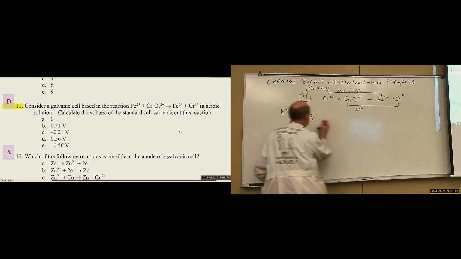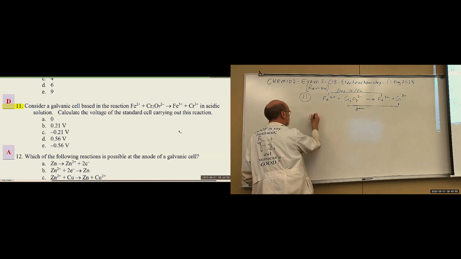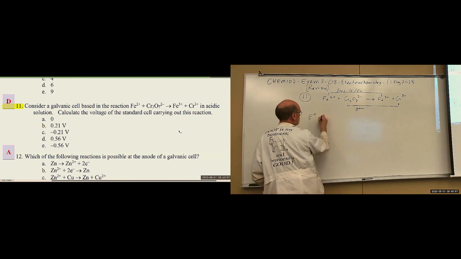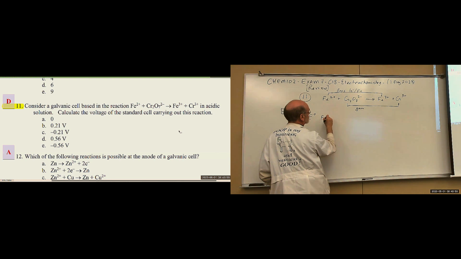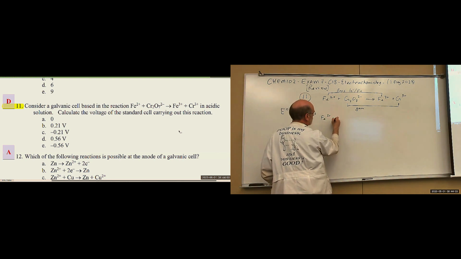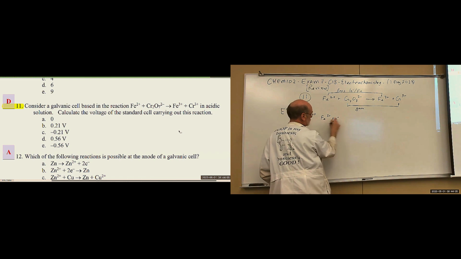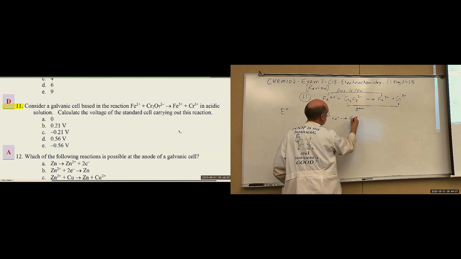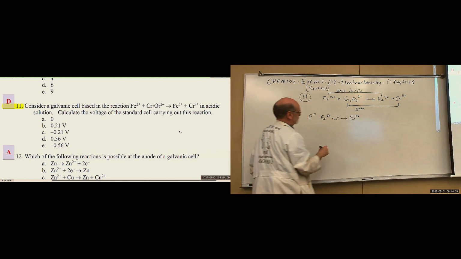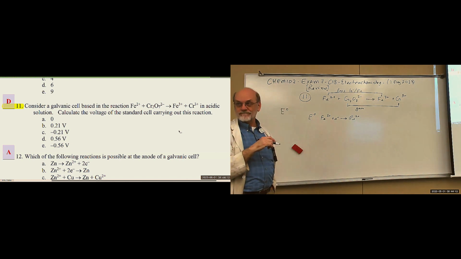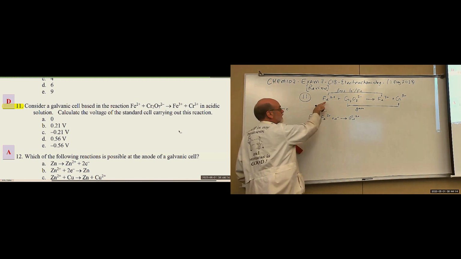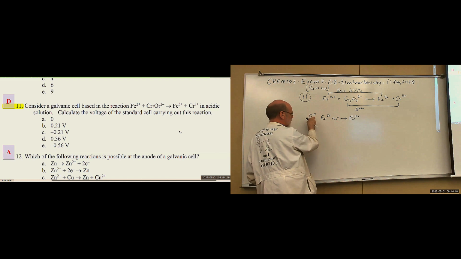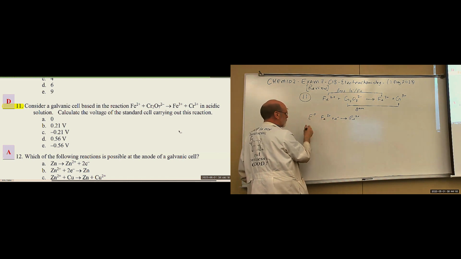And I didn't even do that. Standard potential for Fe, that's a loss. So it's going to be 3 plus the standard reduction potential. Should be this way, right? We wrote it as an oxidation, but we're looking for the value for that equation.